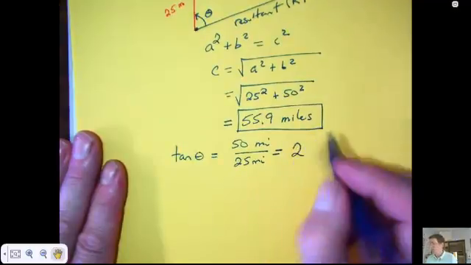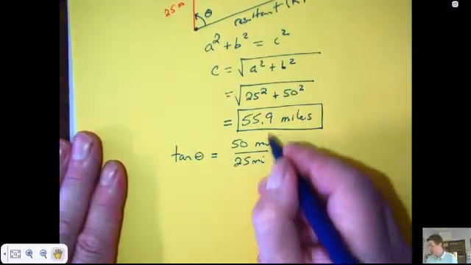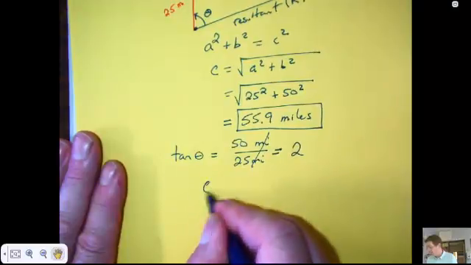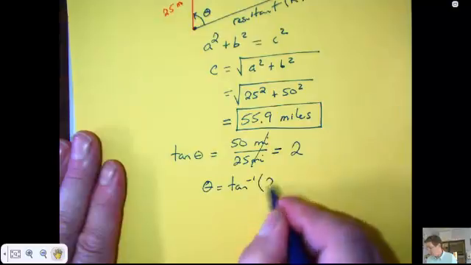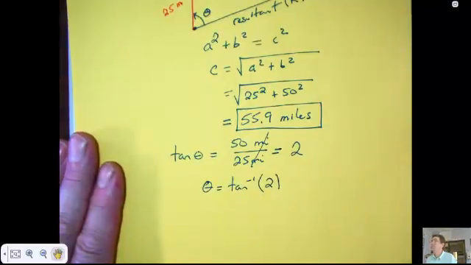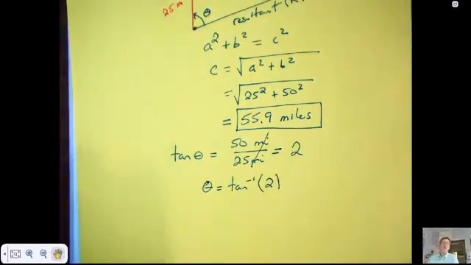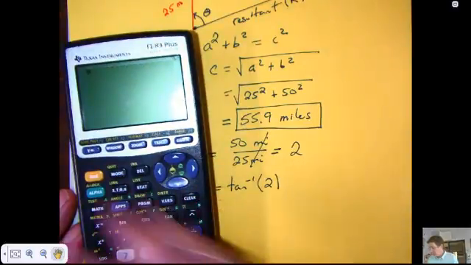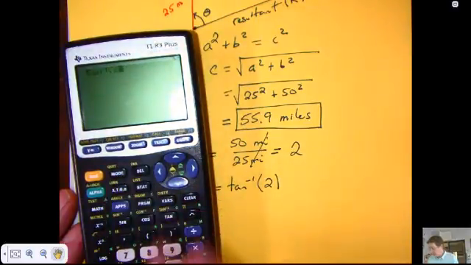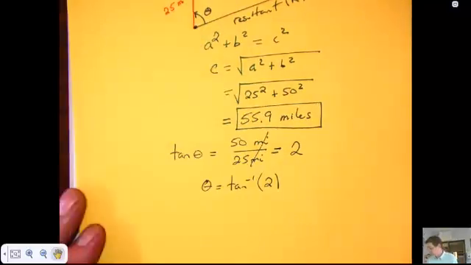Of course, these are ratios, so the units always cancel out. To find theta, I have to use the inverse tangent function of 2 in this case. Usually it doesn't come out to be such a nice number. This time it did. So the inverse tangent of 2 is 63 degrees.